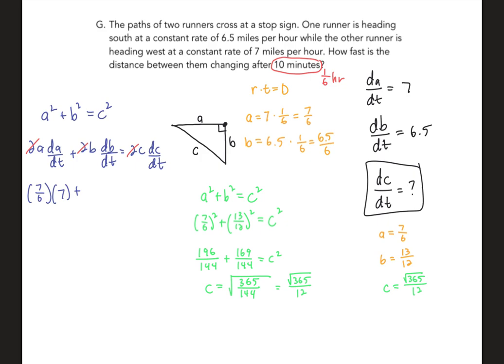Okay, b is 13 over 12. dB/dt is 6.5. I'm going to write that as 13 over 2. I'm going to write everything as fractions. Okay, c is the square root of 365 over 12. And then dC/dt is what we're looking for.